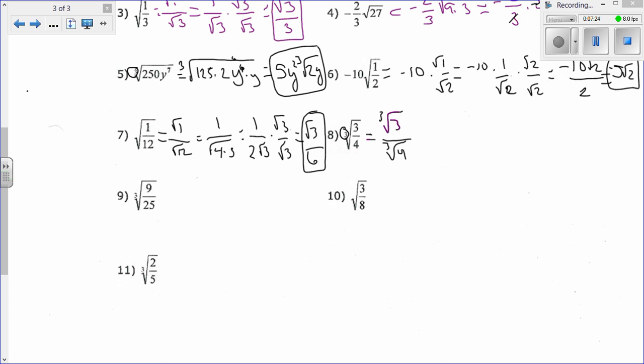I need to somehow make 4 into a perfect cube, or multiply 4 by something that would make a perfect cube. So if I have 4, 4 divides into 8 evenly, and 8 is my smallest perfect cube. And I need to multiply 4 by 2 to make it 8. So instead of multiplying by the square root of 2, I'm going to multiply by the cube root of 2.